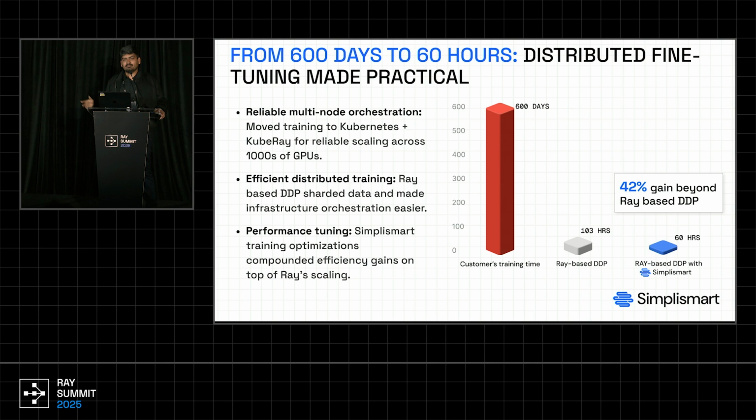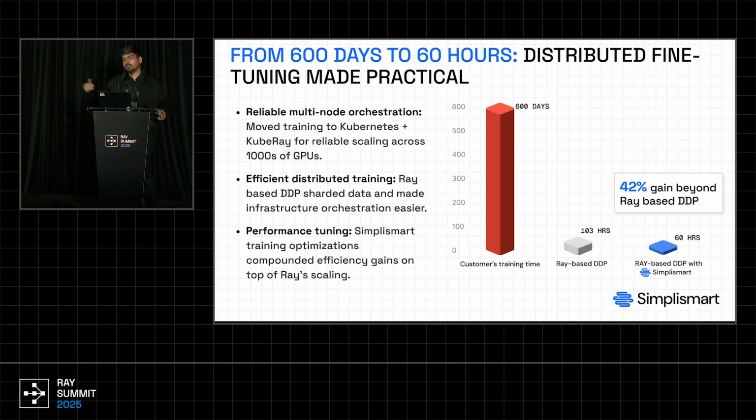Using Ray, we were able to scale it across thousands of nodes, which brought down the experimentation time to a more realistic number, approximately 4 to 5 days. And beyond that, in this transition, we took their training loop, what they were using in Torch Distributed, and converted it purely to Ray-based DDP, scaling it across nodes, making it much easier to distribute the workload. And that way it reduces significantly.